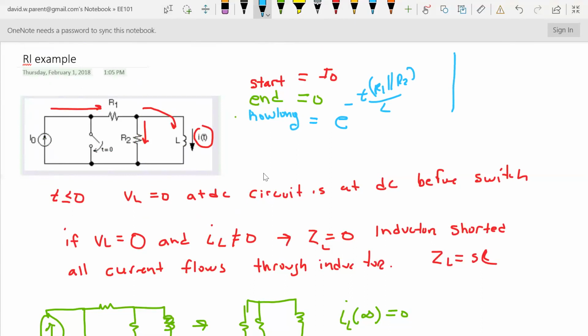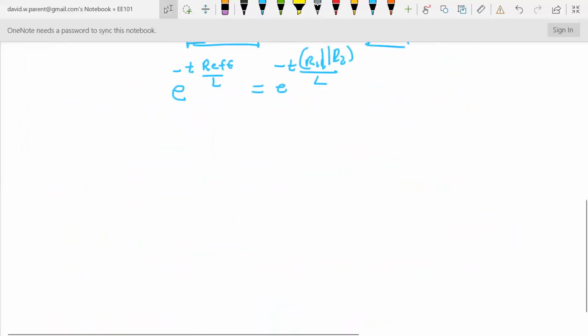Now, because it starts at I naught and goes down to 0, exponential decay, what is the equation? The equation is I naught e to the minus t R1 parallel R2 divided by L, all right?